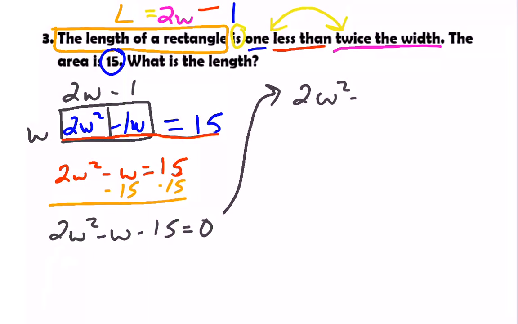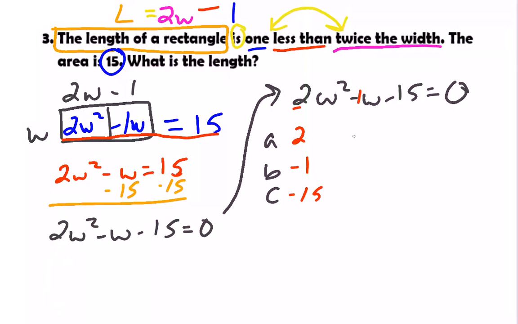When factoring, the first thing I look for is a GCF. Do I have a GCF? No. So now we go on to how many terms I have. I have 3 terms, so we're going to factor this with Xbox. A, B, C. My A is 2, my B is negative 1, and my C is negative 15.